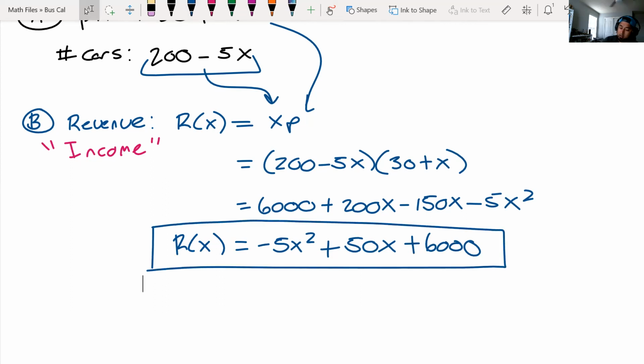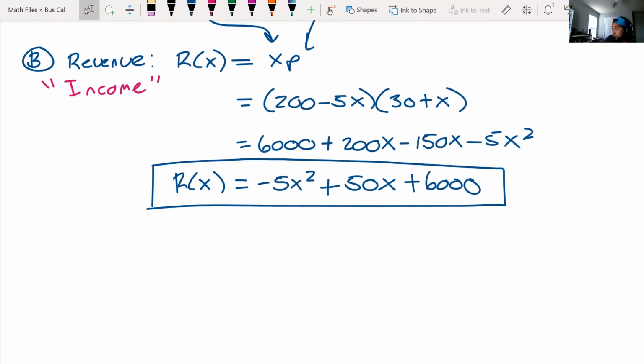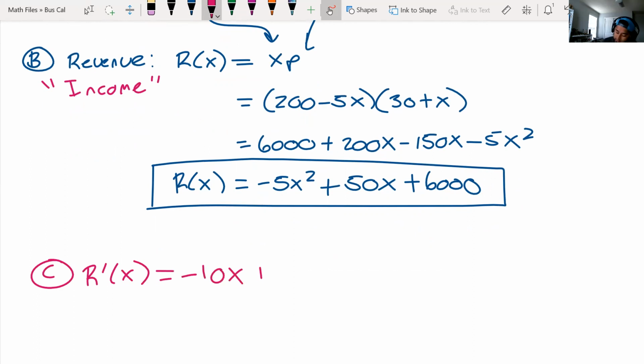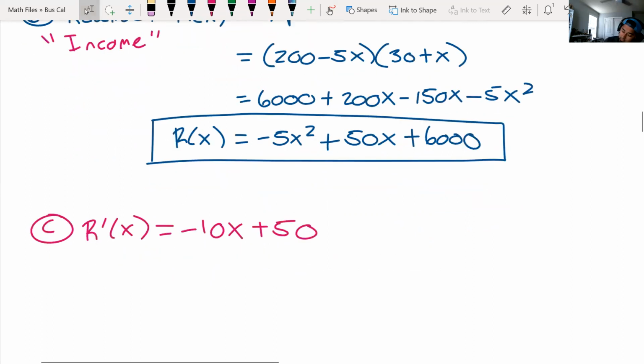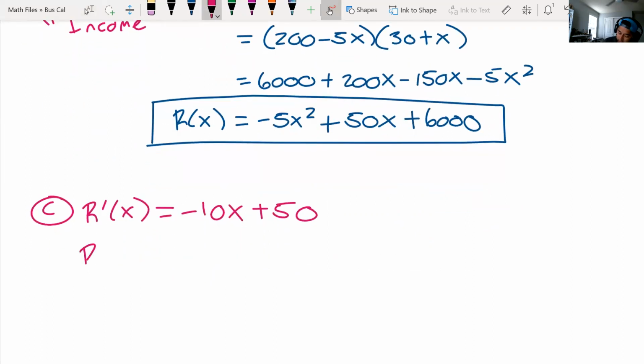Okay. And now we need to optimize this. We need to maximize it. So of course, we're going to take the derivative. R prime of x, and we should get negative 10x plus 50. Set the derivative equal to 0.